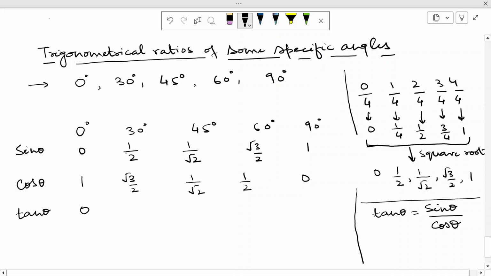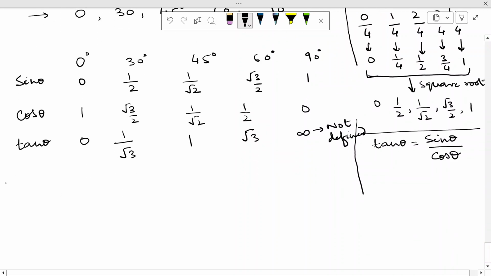Tan 30 is sin 30 over cos 30, so 1 by 2 over root 3 by 2, which is 1 over root 3. Similarly, tan 45 is sin 45 over cos 45, so this is 1. Then we obtain root 3, and for 90 degree it is not defined, because you cannot divide a non-zero number by 0.